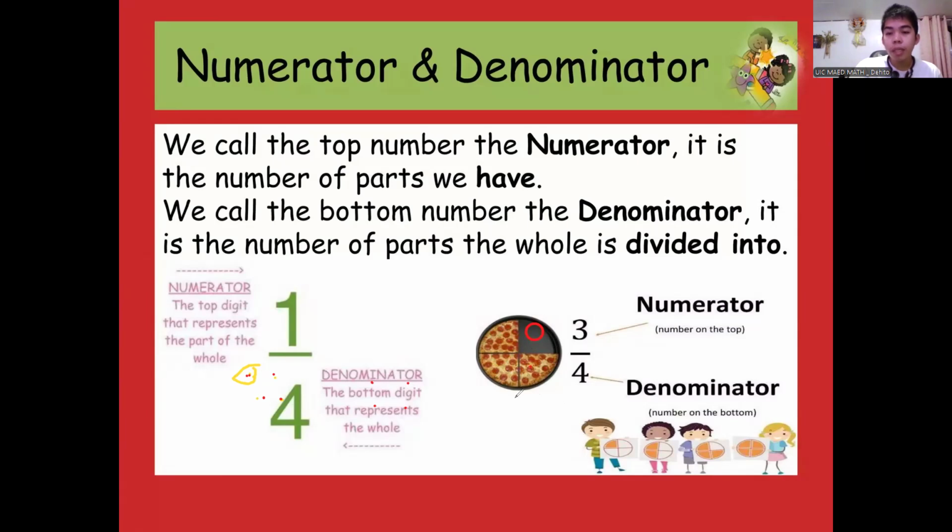So we have 3 pieces remaining, and that's our numerator. And for our denominator, how many pieces should there be in all? 1, 2, 3, 4. There should be 4 pieces in all. So this one is our numerator, and this one is our denominator. Okay?